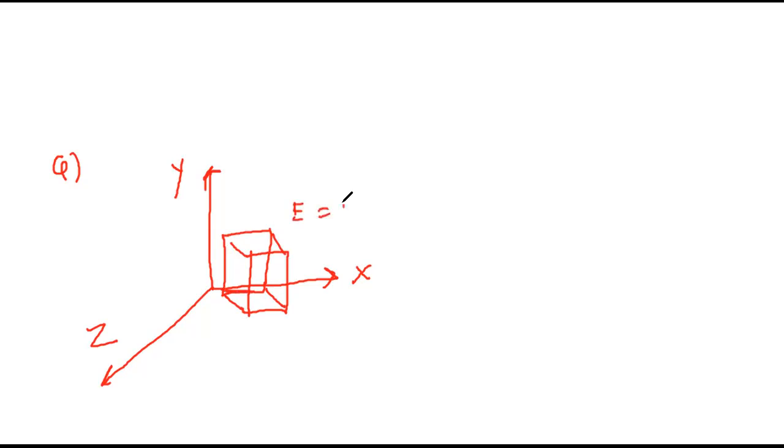E is E naught i cap, which means E is acting along the x-axis. E naught is constant and the direction is along the x-axis.